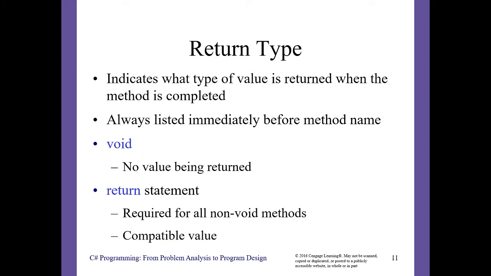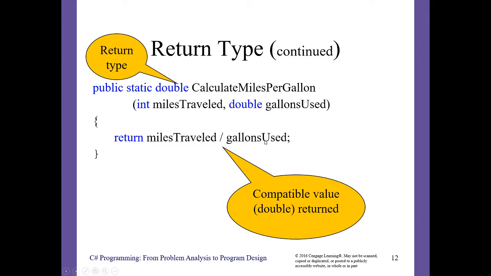So whenever we're creating a method, what type of data we're going to be returning from this method is going to indicate our return value data type. When we say void, we are not going to have a return statement in that method. In this case, we have a method that calculates the miles per gallon. So its inputs are an integer that it's going to call miles traveled, and a double that is the gallons used.